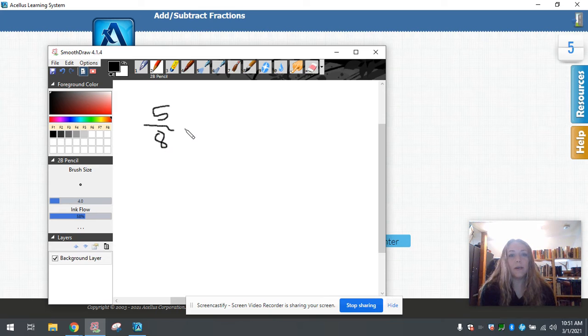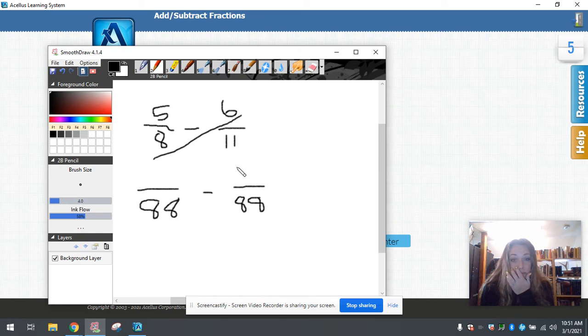I can't think of anything that both 8 and 11 fit into off the top of my head, so I'm going to multiply my denominators together. 8 times 11 is 88. And after I do that, I'm going to cross multiply. 8 times 6 is 48. 11 times 5 is 55.